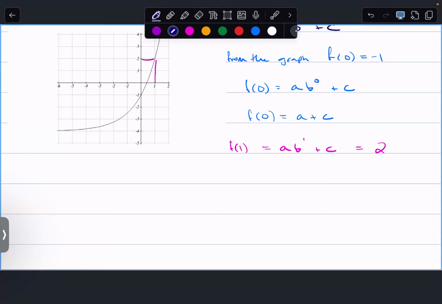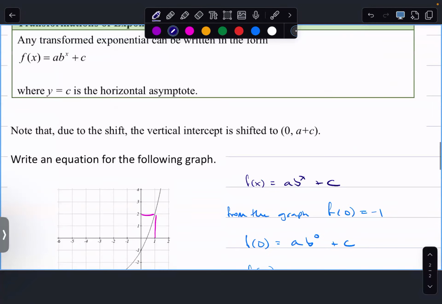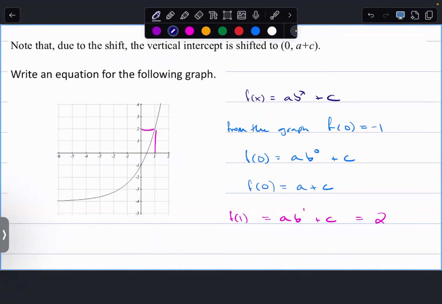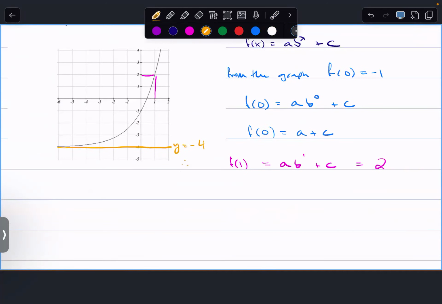But then I'm probably also going to rely on this. So I can't seem to shake out the c just off the top of my head here. A horizontal asymptote at y equals -4. And so c must be -4. There. That's going to get us there.